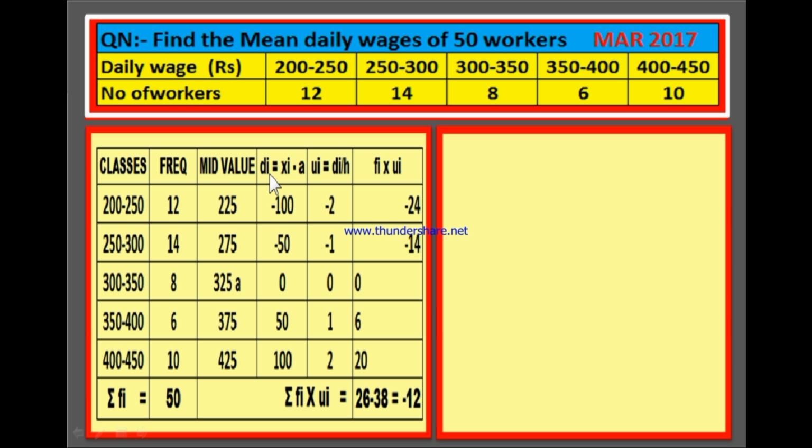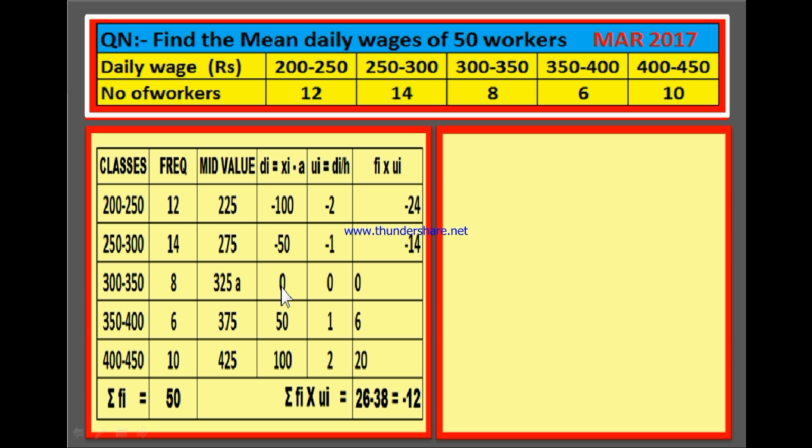Later, deviation di is equal to xi minus a. Here x stands for mid value and a is for assumed mean. A is 325, it is a fixed value. Now, for this class, mid value is 325 and assumed mean is also 325.